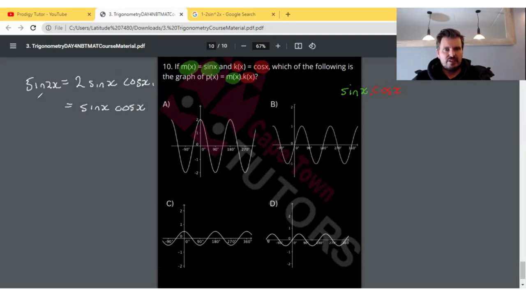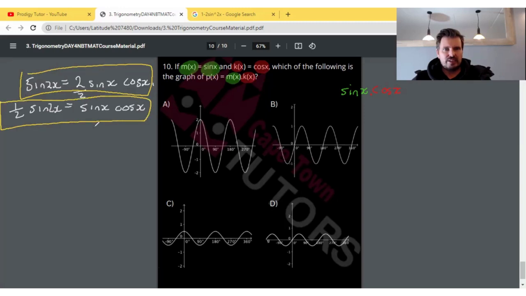If I divide both sides by 2, the 2 goes away, and I get a half sine 2x. This here is one that you get given in your matric exams. They give you this rule. This one is a derived rule, and all I'm doing is dividing both sides by 2. So just try and remember that sine x cos x is a half sine 2x, because then I can turn this into a half sine 2x.